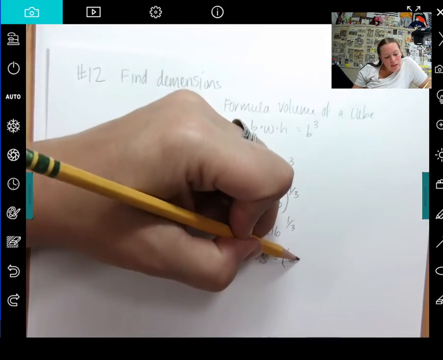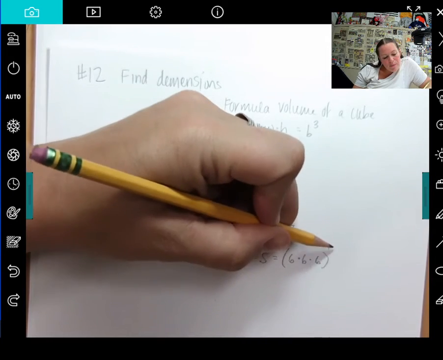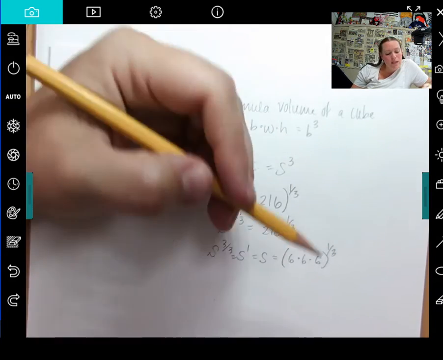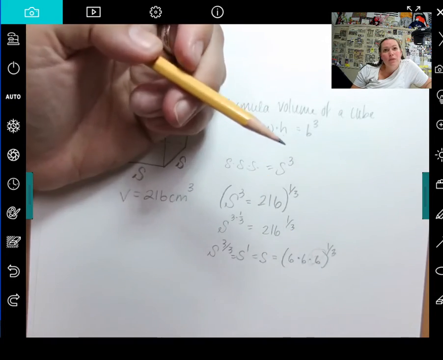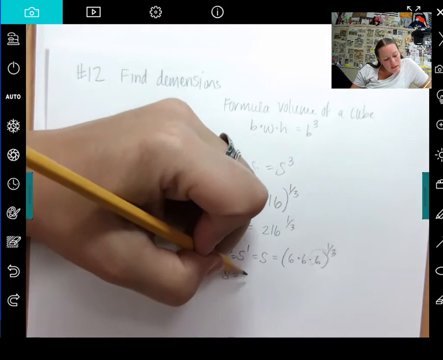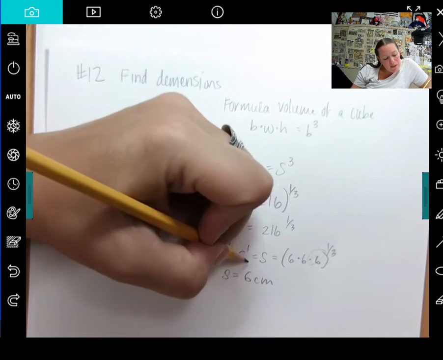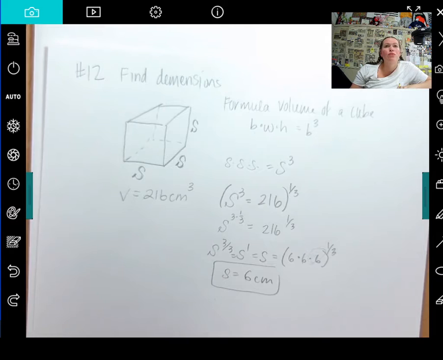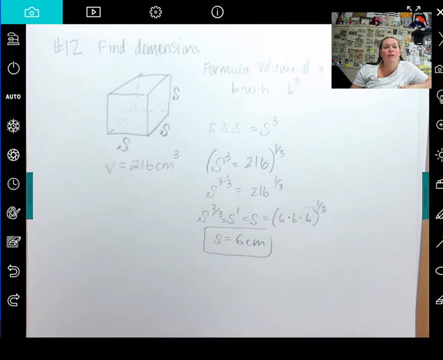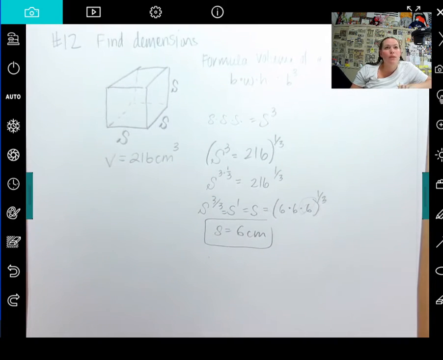So I know that 6 times 6 times 6 gives us 216. The number on the top of the fraction tells us how many of those to multiply out. So S equals 6 centimeters. So you have a problem number 11 that's really similar to this. It's not as big of a number though. You should be able to do mental math with it.